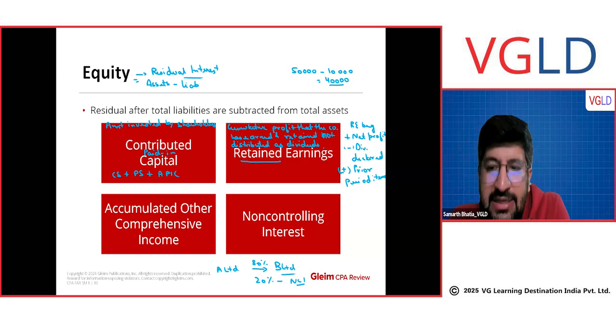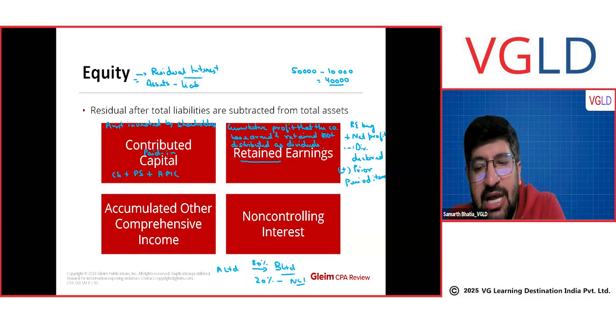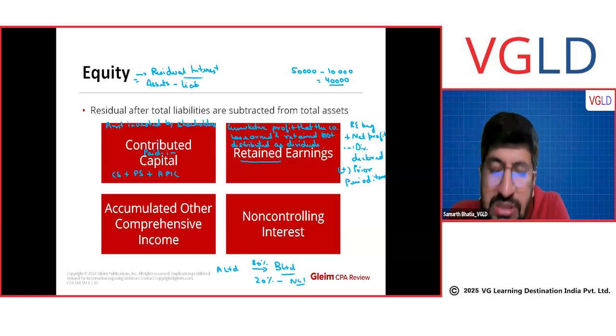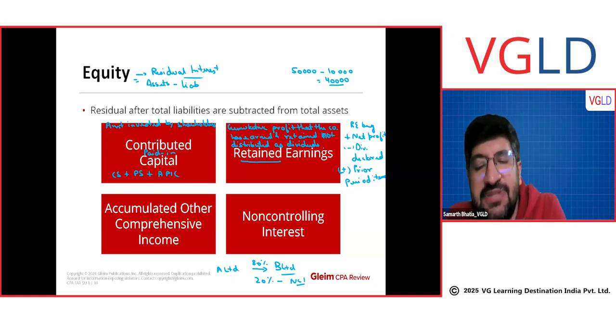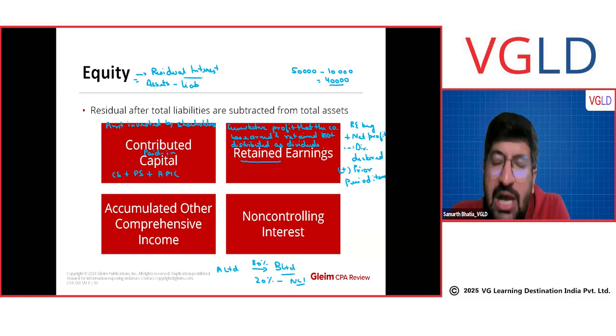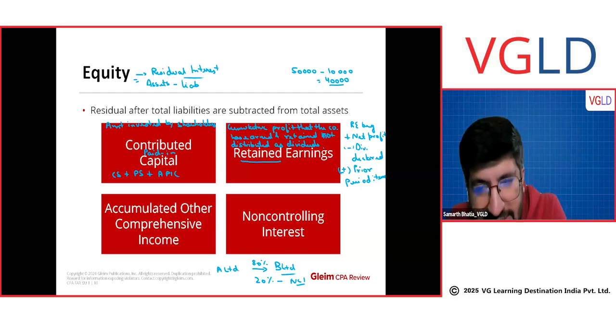So in case we are preparing consolidated financial statements, NCI will come into the picture. It applies in CFS when a parent owns less than 100% of a subsidiary. Whatever share they do not own is considered as a non-controlling interest.